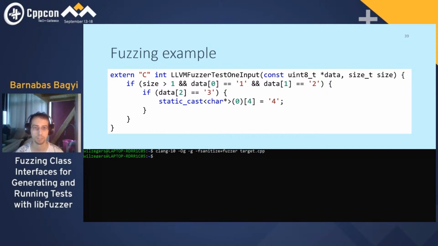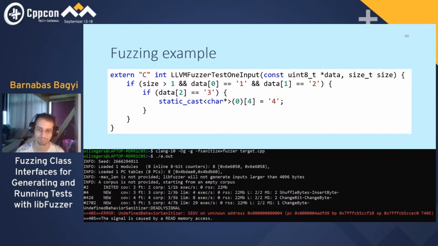This main is what implements the libFuzzer engine, and we repeatedly call our test function, target function, sorry. After running the binary, we can see the segmentation fault on address 4, which most likely, right, corresponds to the innermost issue within our code, the null pointer dereference.